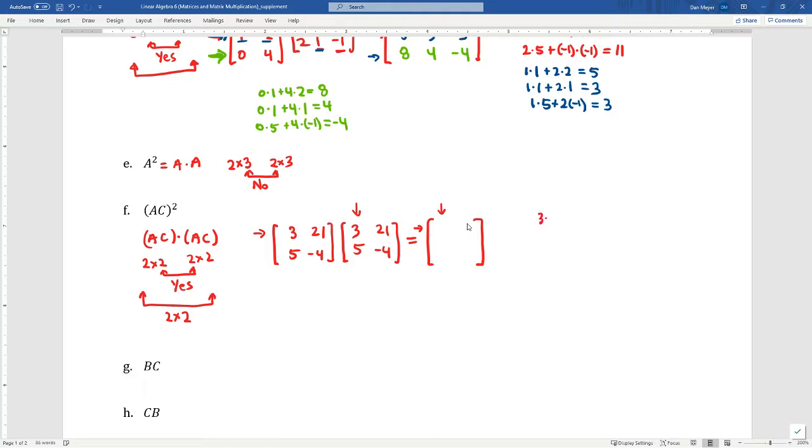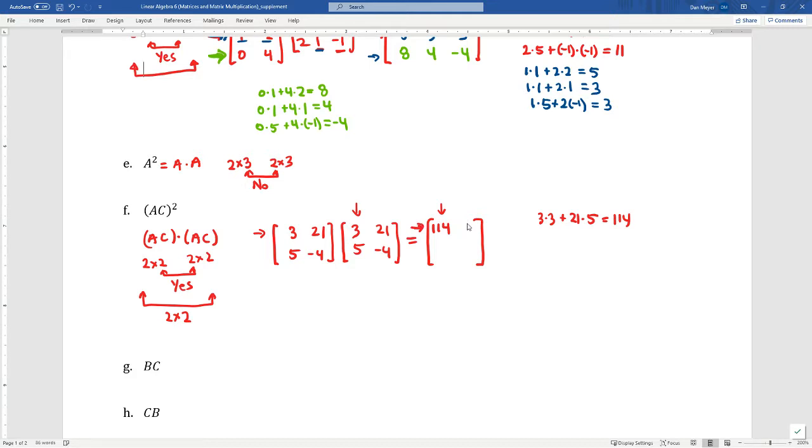That'll give us 3 times 3 plus 21 times 5. And I got to tell myself here I did the wrong problem in my notes, so I'm going to have to do some calculator work here. 3 times 3 plus 21 times 5 gives 114. So that would go in row 1, column 1 of AC squared.